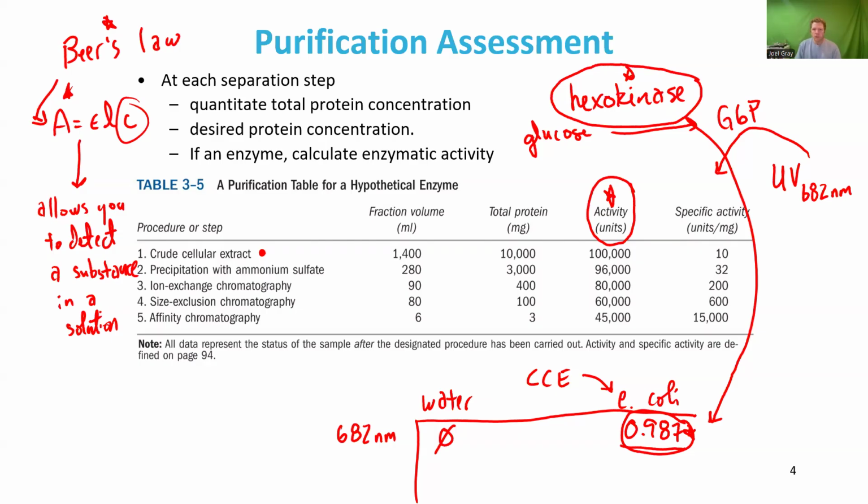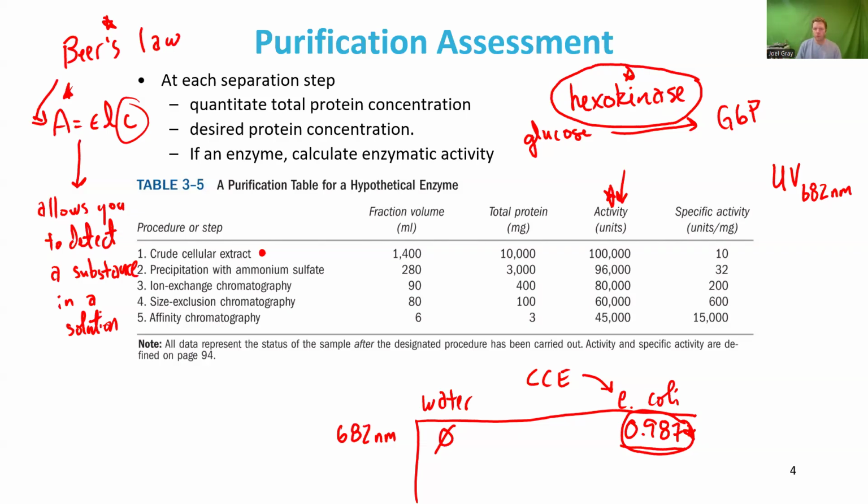Okay. So I'm going to erase some of this. And now I'm just going to ask, does the activity column make sense to you? Give me a wired end to the chat. Okay. So this column right here tells us that indeed we do have some of the desired enzyme activity that we are looking for.